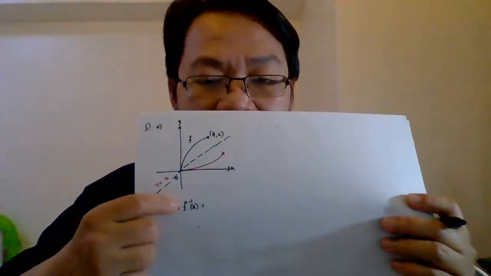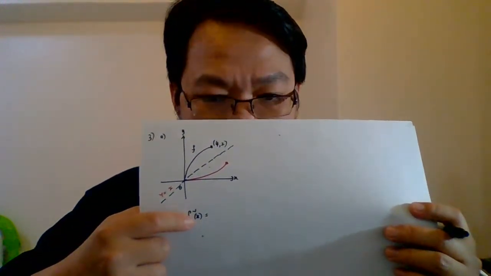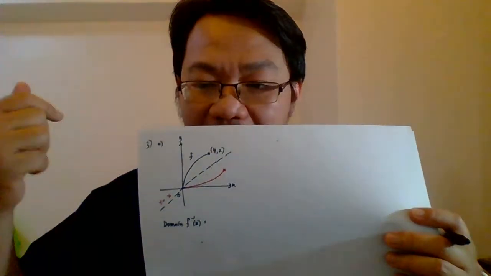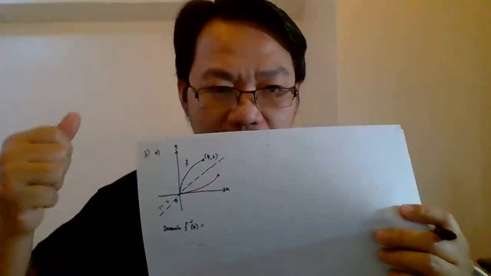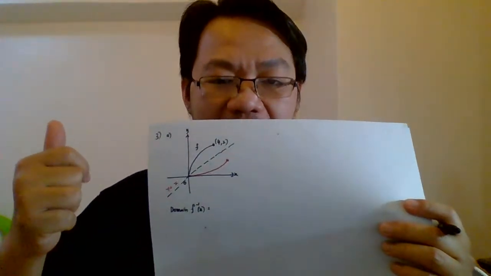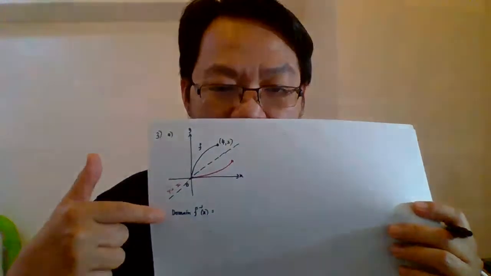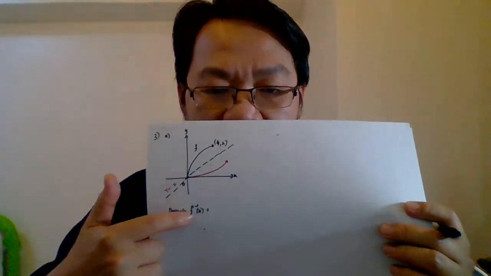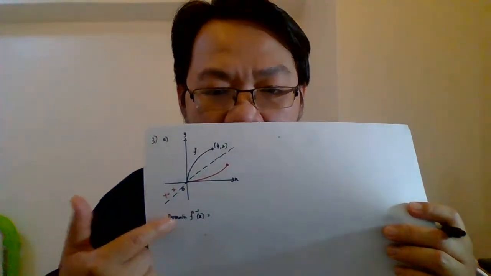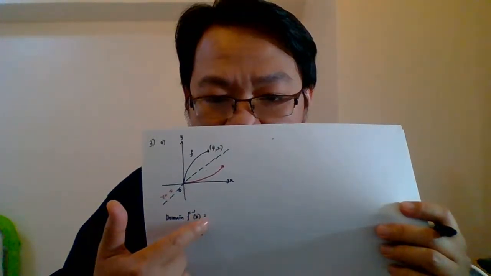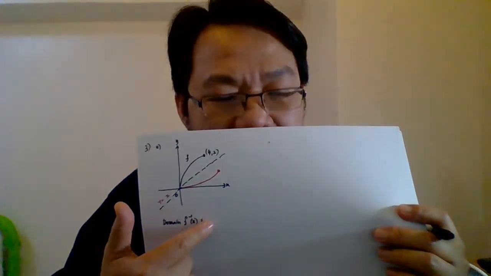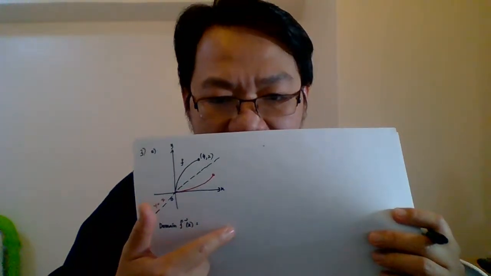Okay, to find the domain of f inverse, you must remember, if you look back at our previous class, I already showed you how to find the domain and the range of f inverse. The domain of f inverse actually equals the range of function f.